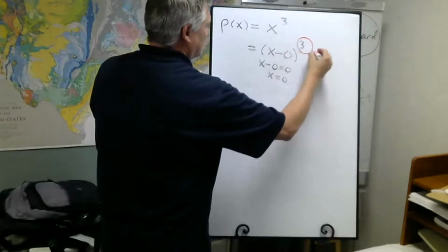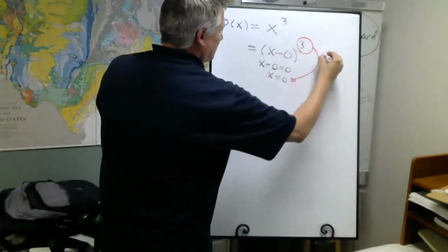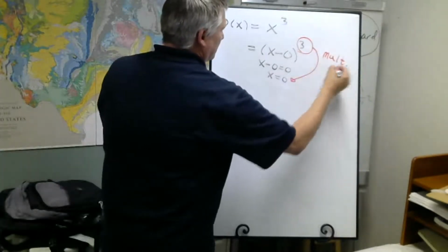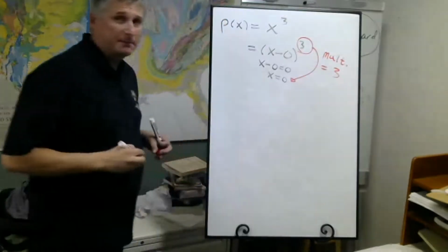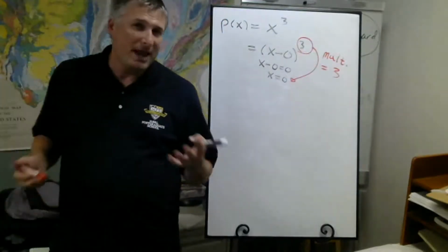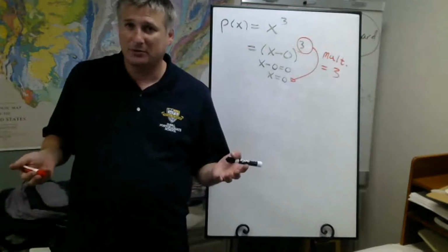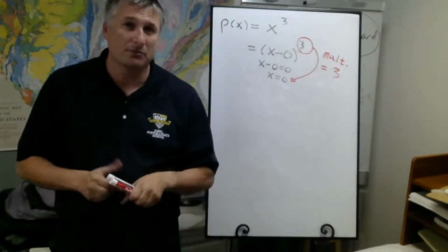But here's the thing. This here is a multiplicity of 3. So that means at x equals 0, which is going to be the x-intercept, this passes through the x-axis.